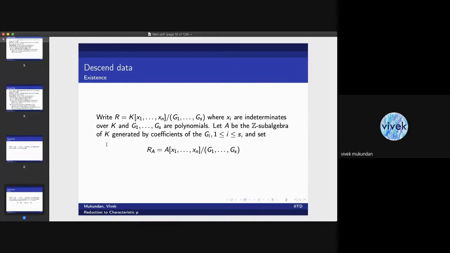Once you do that, you can define G_1 up to G_s as polynomials over A adjoin X_1 up to X_n, because you have adjoined the coefficients to Z now. So define R_A as A adjoin X_1 up to X_n modulo G_1 up to G_s. That's your first step. This is how you can define your ring A and R_A.